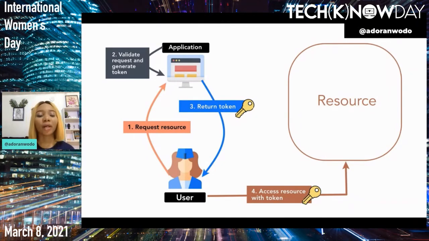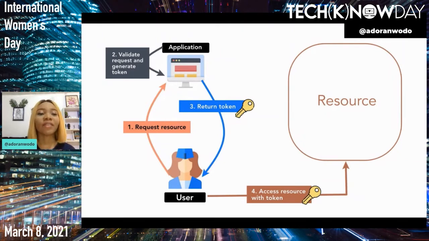The way this works, if you look at this diagram, is that the first thing that happens is I want to request a resource. Let's say I want to request something from a storage account, but I don't have access to that storage account. As a user, I go to the application and say, okay, this is what I want.